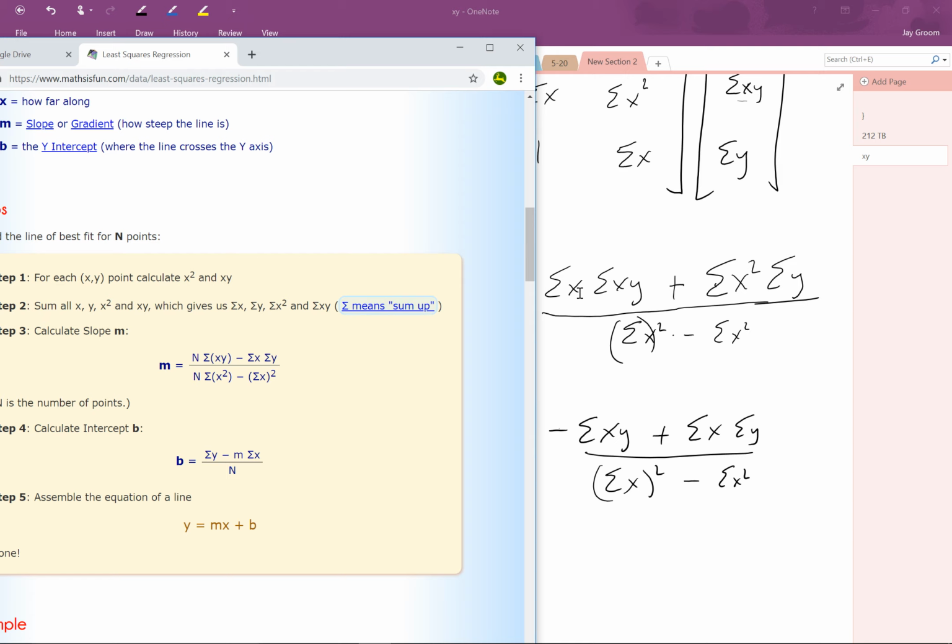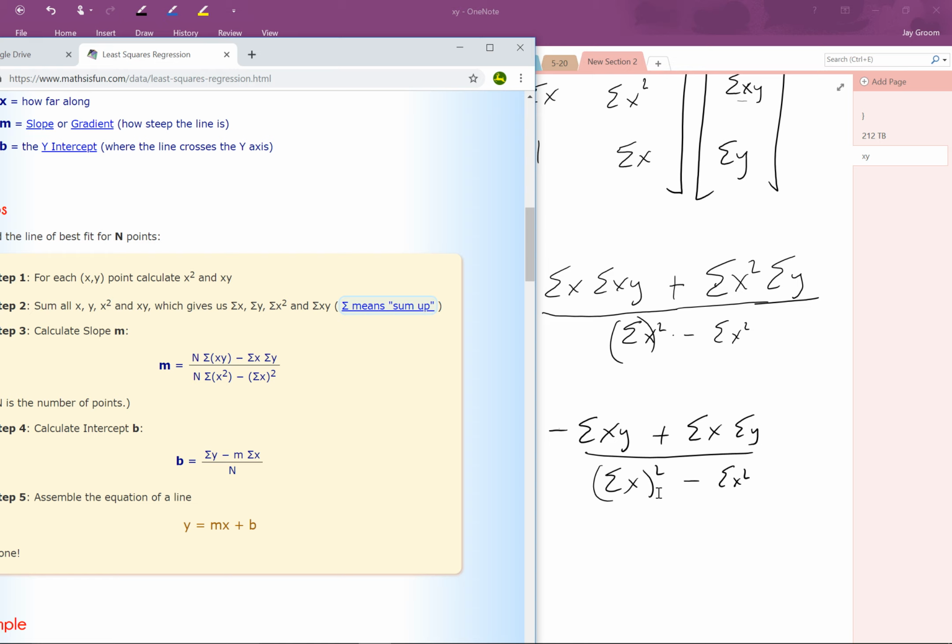But that should come out to be, because it was actually the sum of 1. So sum of the x's, it should be an n right there. Wait, that's not the right one, it's this one down here. Yes, this is my slope one down here, right? Yeah, this is my slope one.